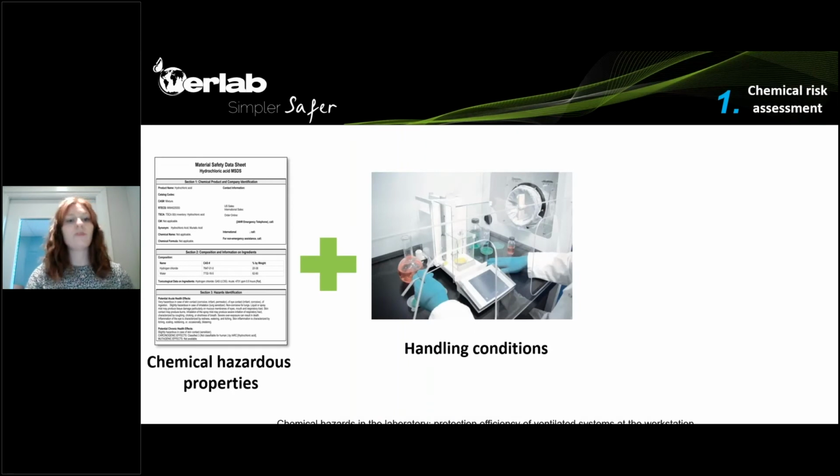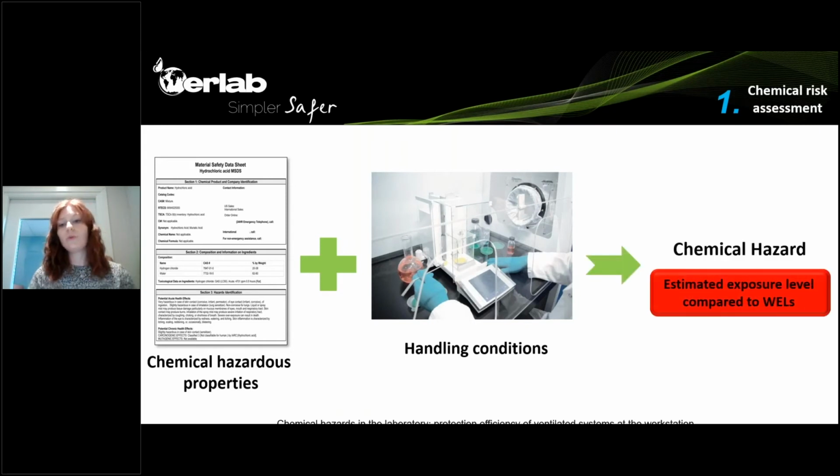First you have the chemical properties that you can find in the safety data sheet that we should always refer to, as well as the handling condition, which allows us to determine the estimated exposure level to which the chemist is exposed every day.